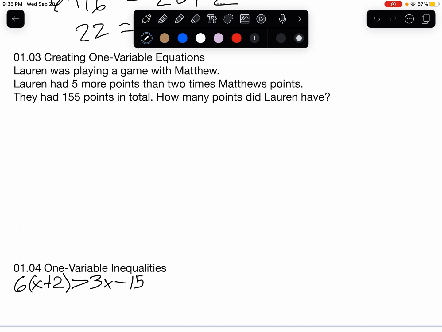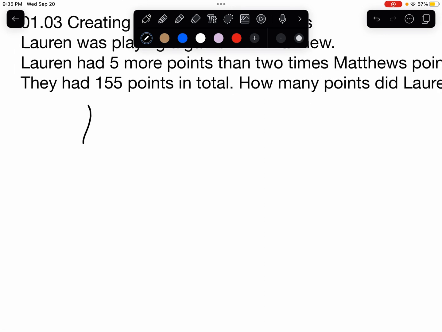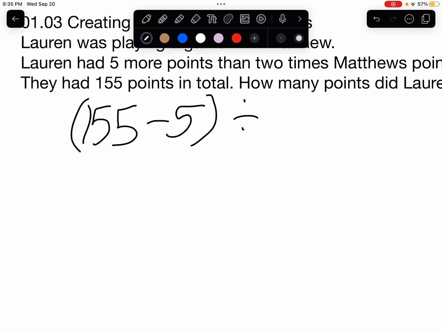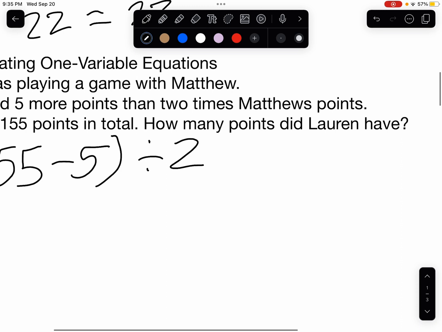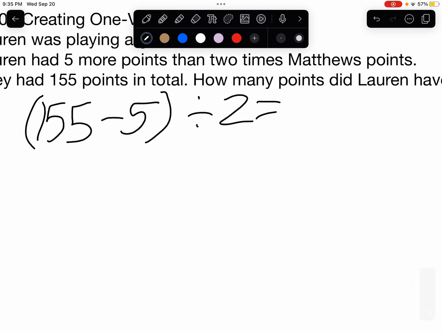First, you have to figure out how many points Matthew had. How you figure that out is 155 minus 5 divided by 2. 155 minus 5 is 150.